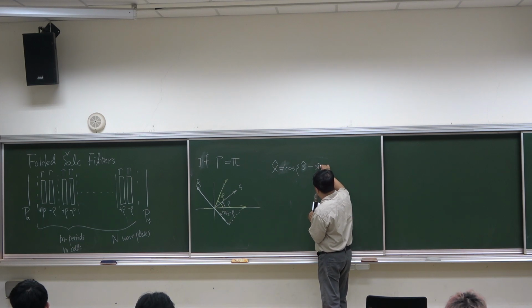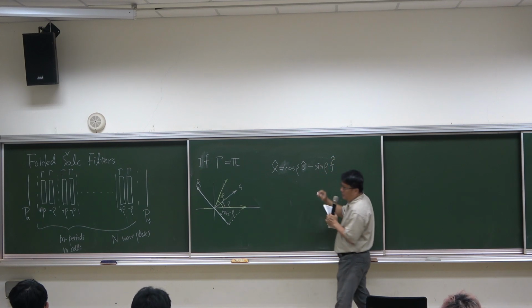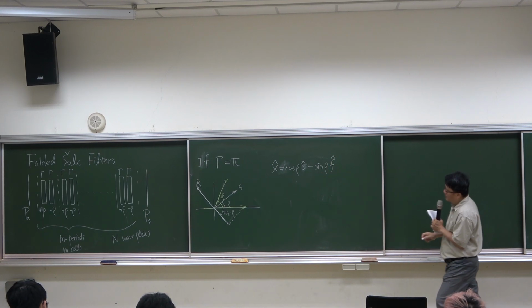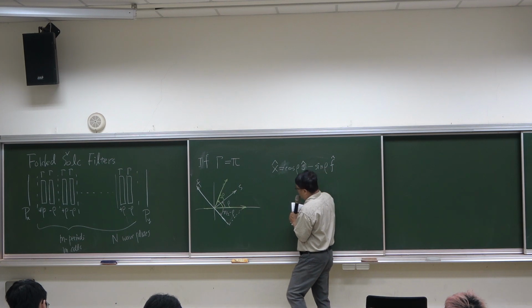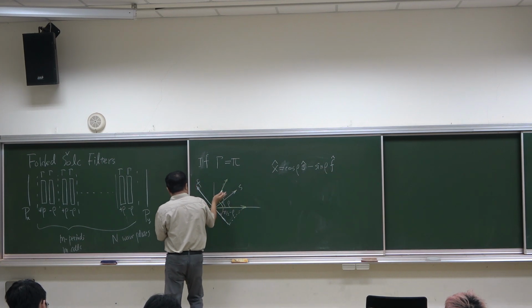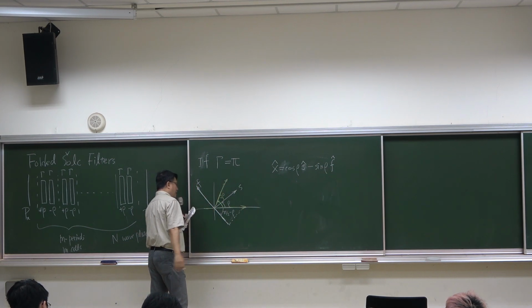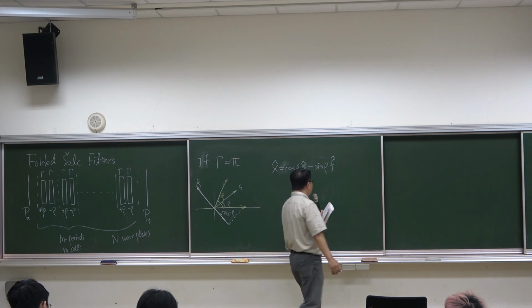Here S hat and F hat denote the unit vectors along the slow axis and the fast axis.